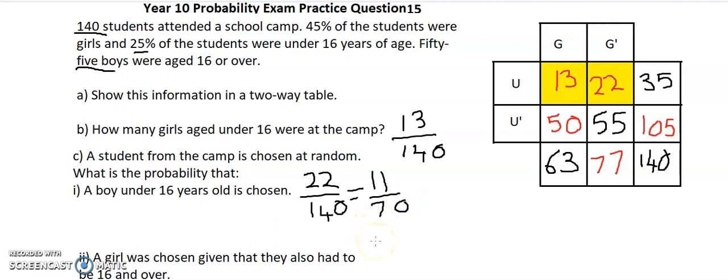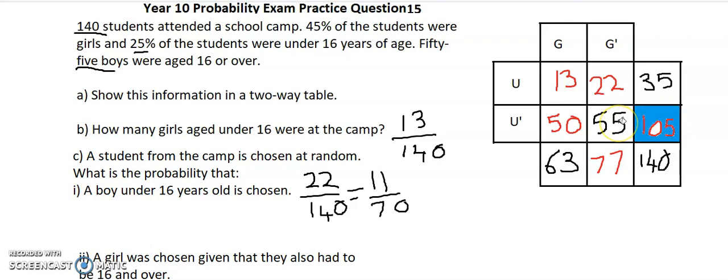The final question says a girl is chosen given that they also had to be 16 and over. So this is where we are looking at conditional probability. So I'm just going to clear this. If they were 16 and over, which means we're looking at not underage, so this is our total.